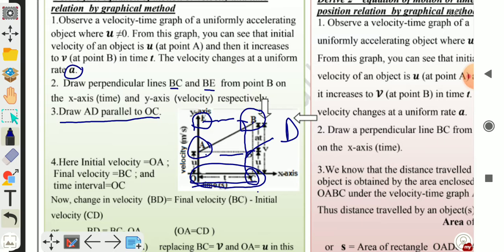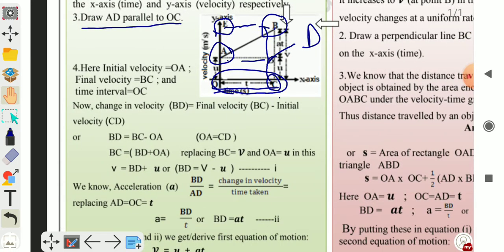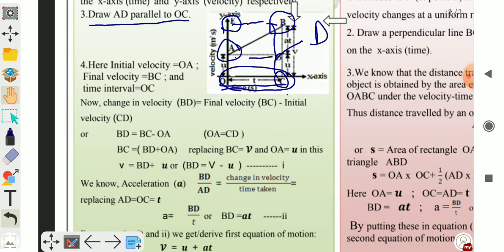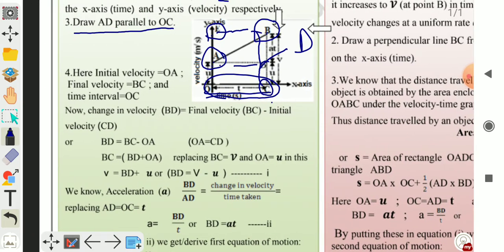Here initial velocity OA, final velocity BC, and time interval OC. So OA is equal to U. OA क्या है बच्चों?